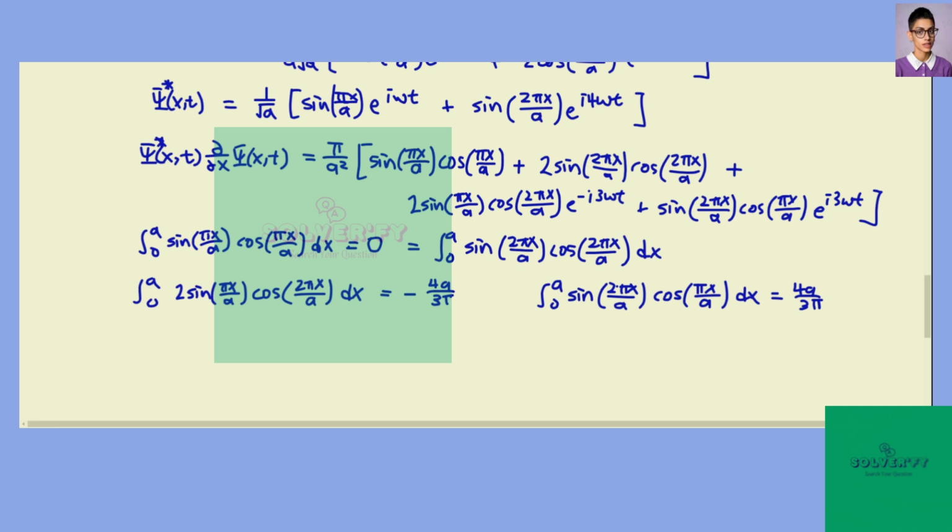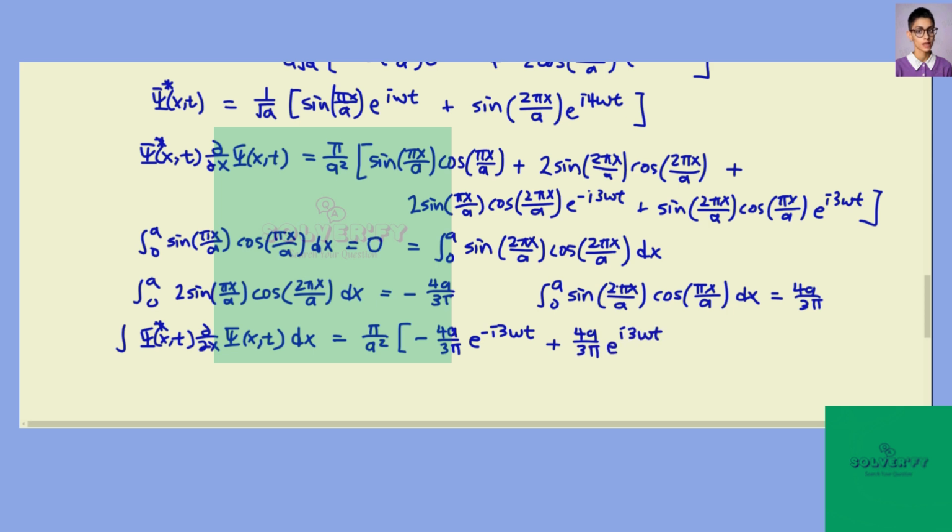So when it comes to the integral of psi star of x and t, d/dx of psi of x and t, dx, you have pi over a squared, and then you have negative 4a over 3 pi e to the minus i 3 omega t plus 4a over 3 pi e to the i 3 omega t.